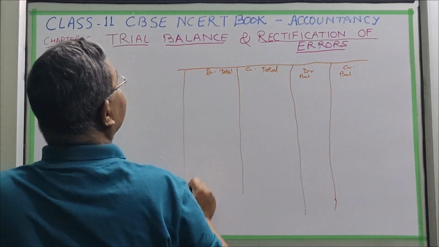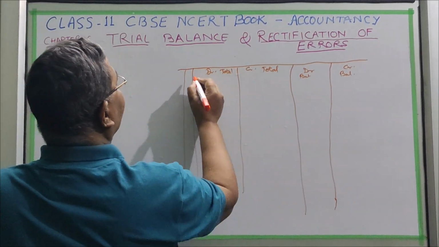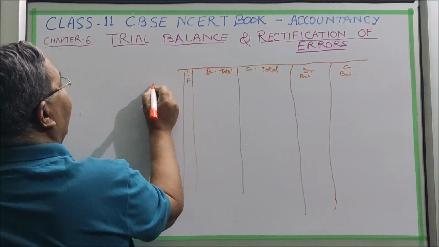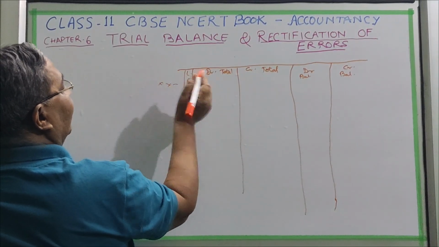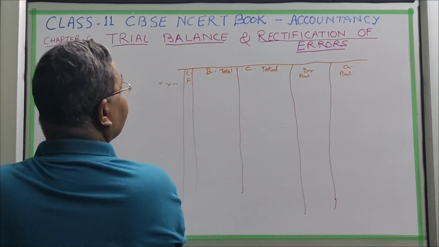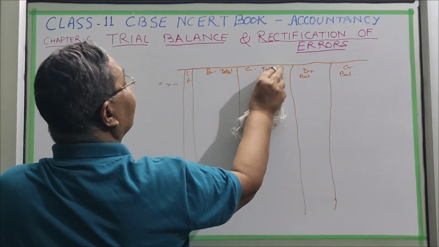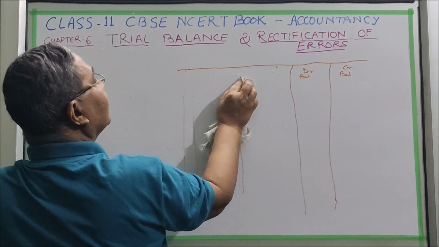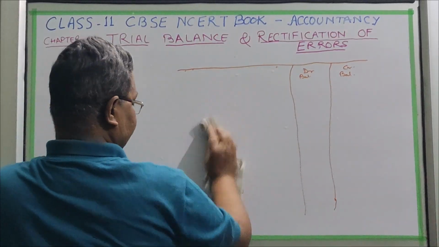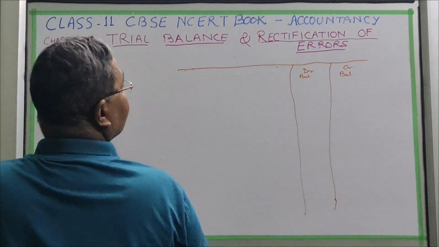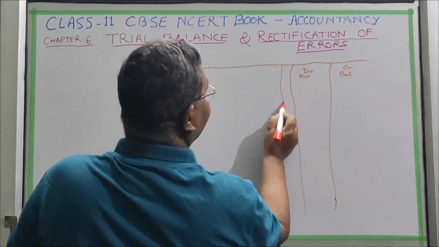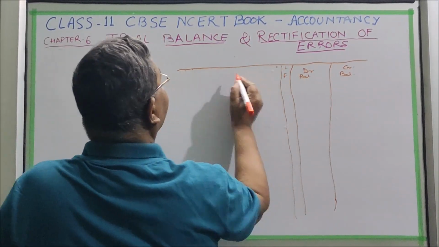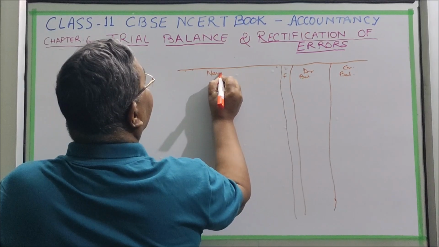And here of course the ledger folio, from which ledger folio it has come, and here the ledger name etc. comes. So a ledger folio and name of account.